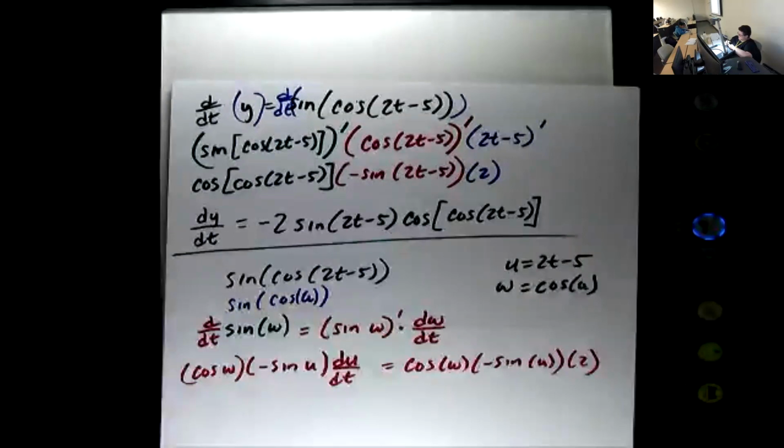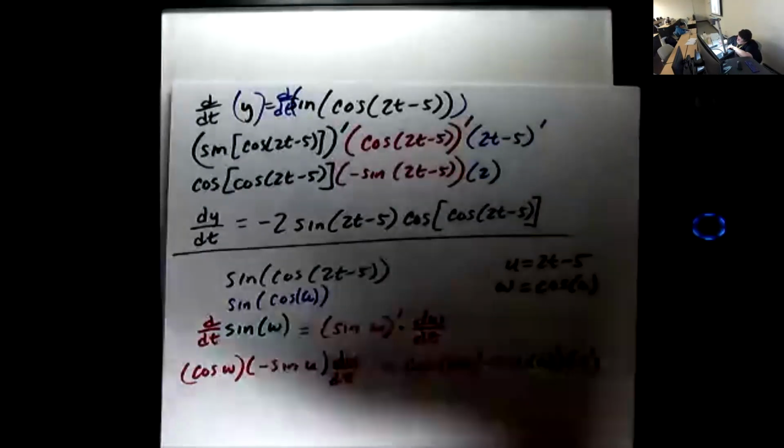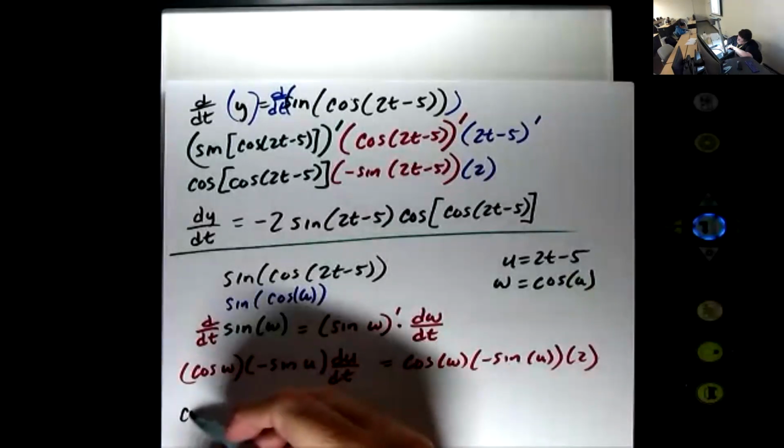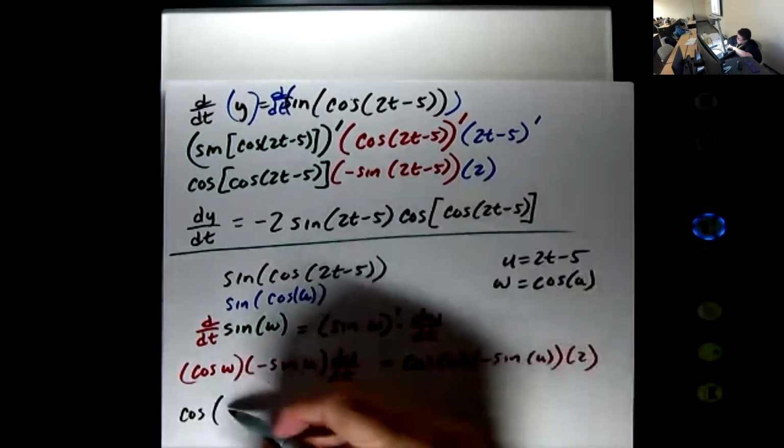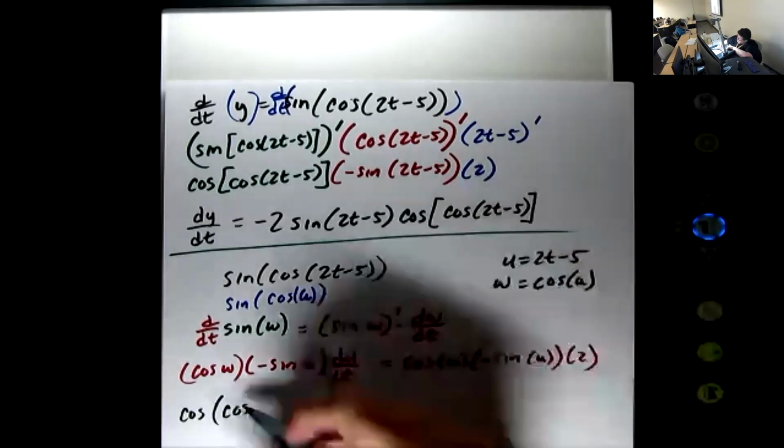Now you start plugging things in. Because we didn't start with w or u, we're not going to end with w or u. Cosine of w is cosine of u, and u was 2t minus 5.